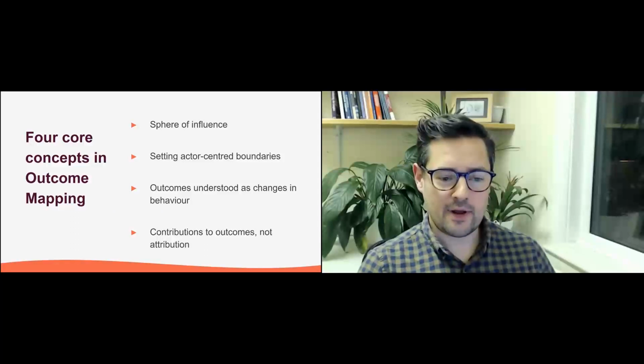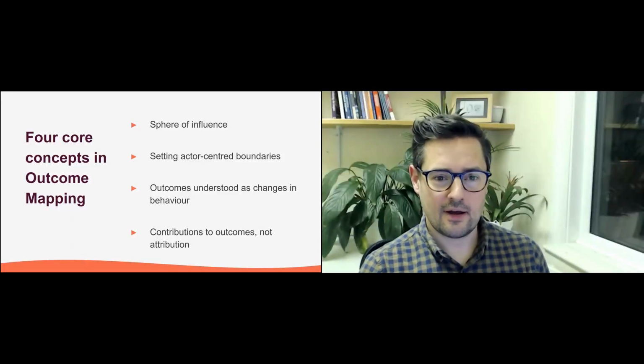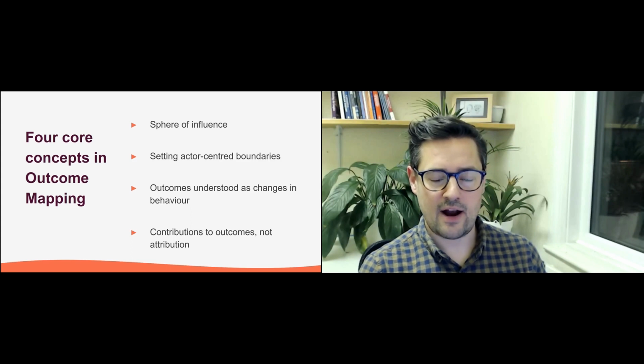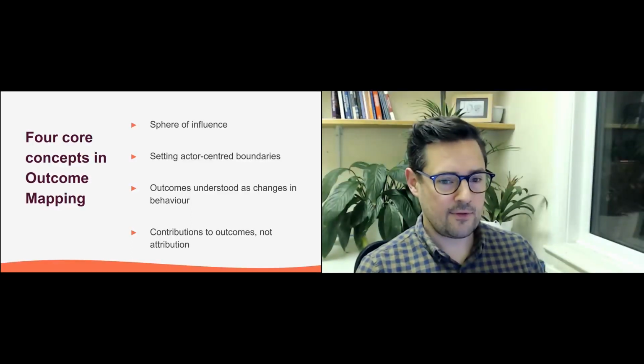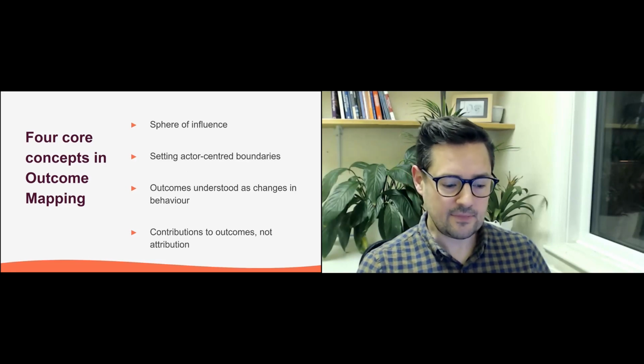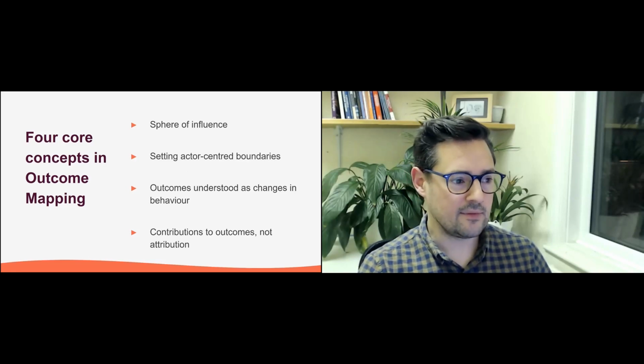Yeah, so following on from the three principles, we have four core concepts. These are foundational concepts on which the practice of outcome mapping builds. I'll go through the four individually, but you'll see them there on the slide.